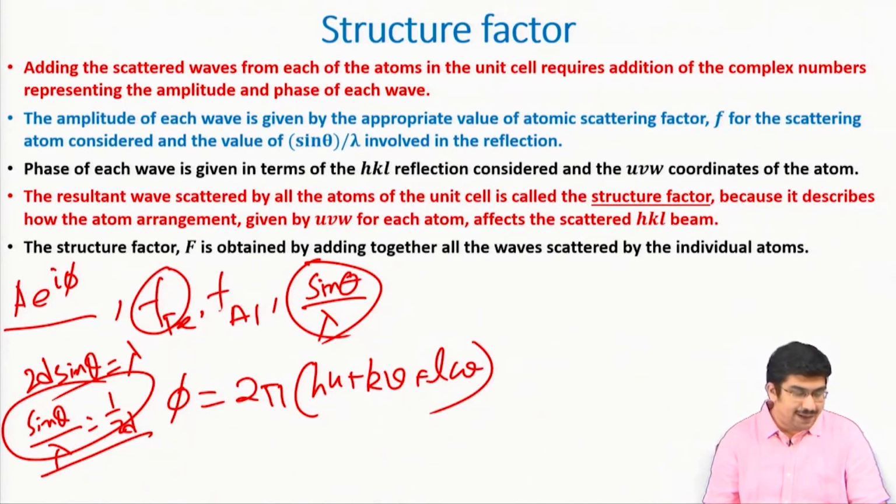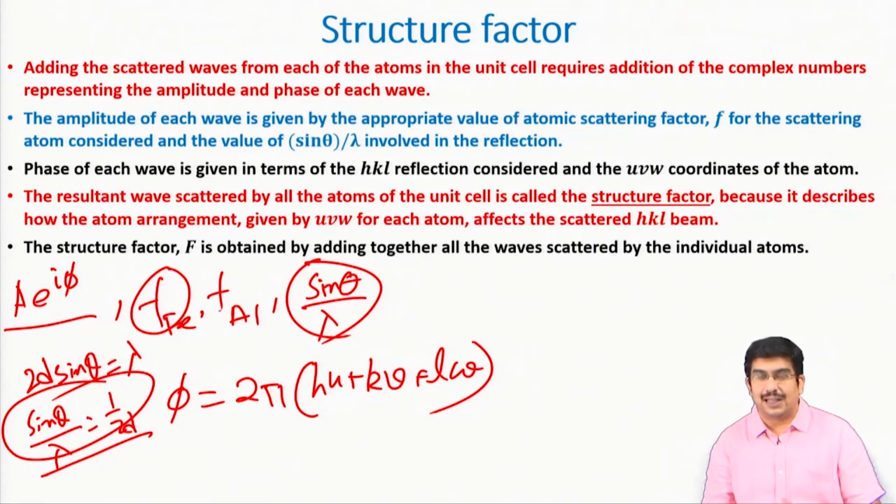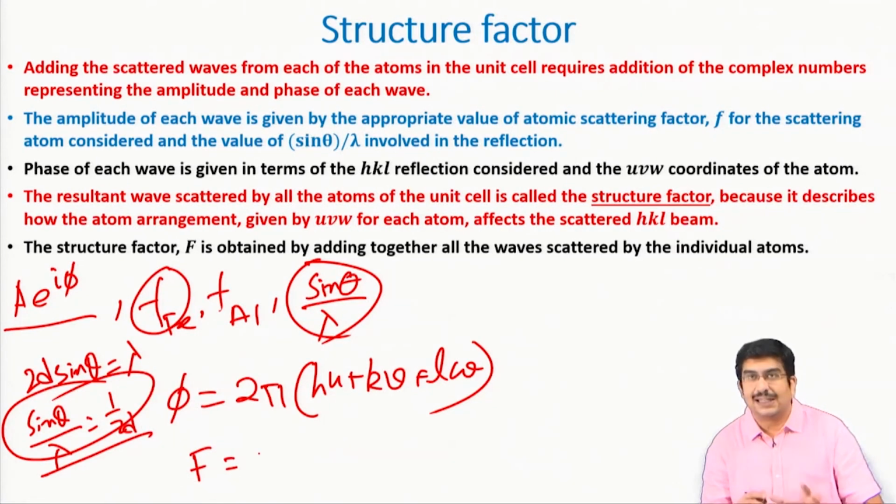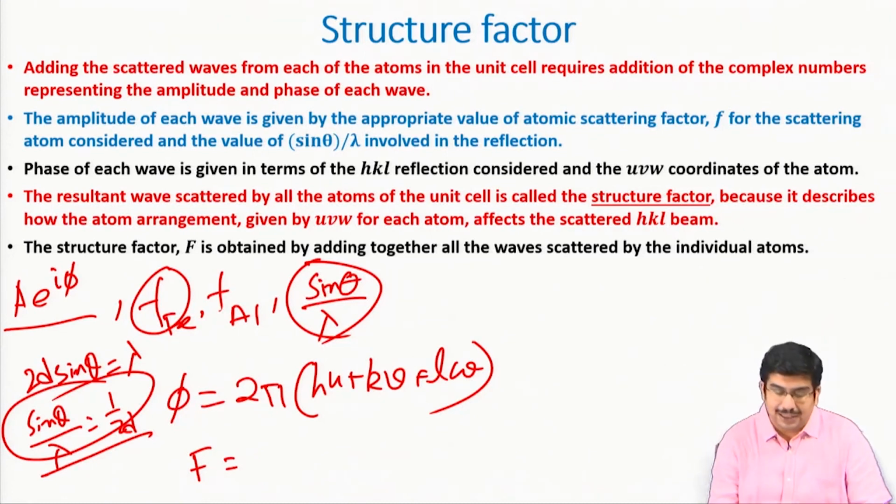So, the resultant wave that is scattered out of this entire unit cell, the final one we can write in this way, that is F, which is the final resultant wave that is coming out of the entire unit cell.